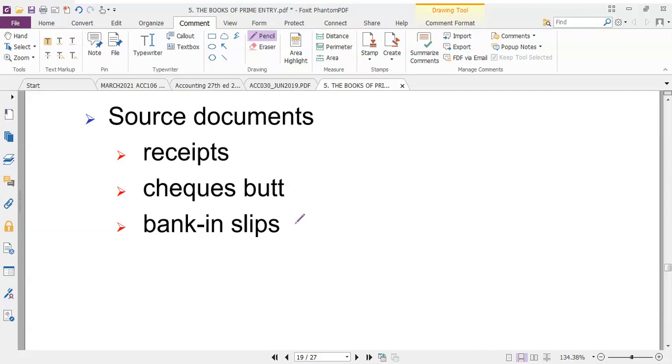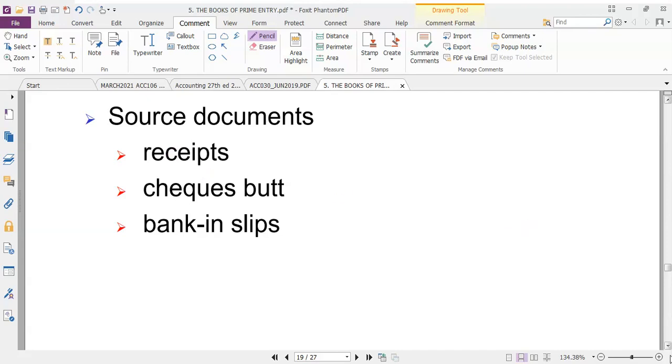Is it okay? You must give me the evidence. What evidence? Receipt. Okay, bank receipt. Itu adalah bank in slip lah. Maknanya yang kita dah transfer kepada seseorang ataupun business tu, kita akan simpan source document receipt yang menyatakan kita dah transfer.